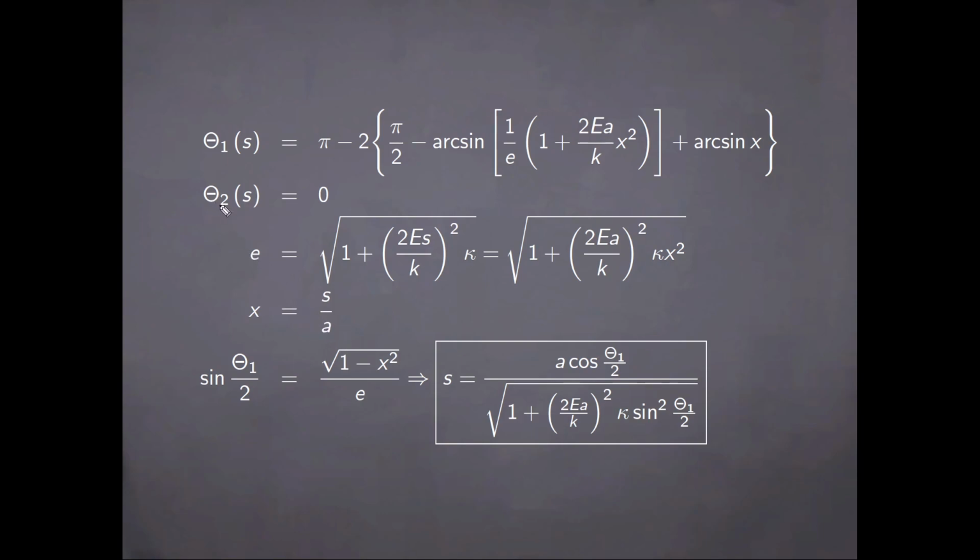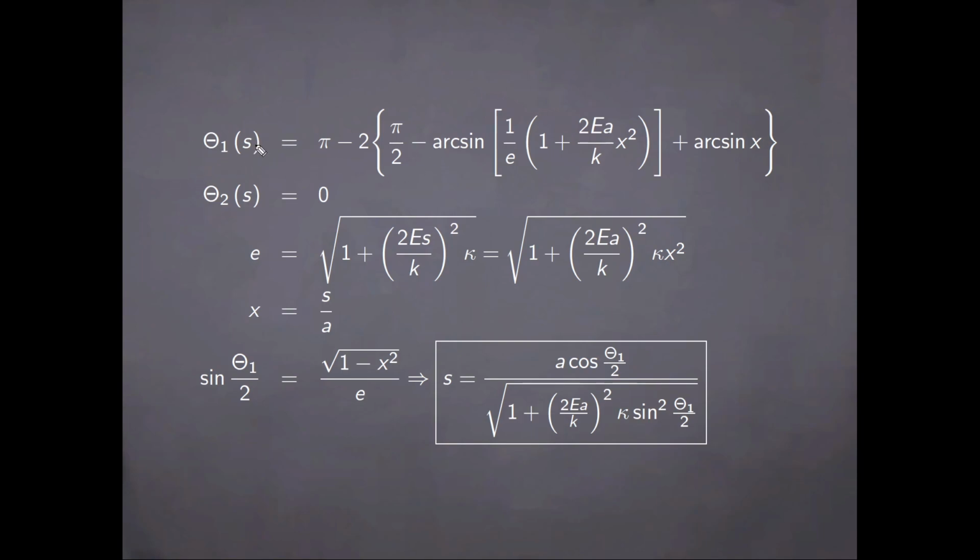And naturally, in the second case, the scattering angle as a function of the impact parameter is always going to be zero, as the particles will be flying undeflected by the atom. In any case, returning to the first result, even though it looks complicated, it is in fact quite easy to evaluate.